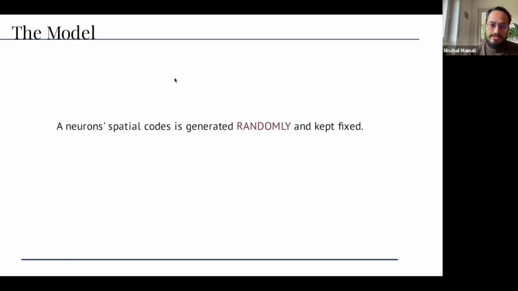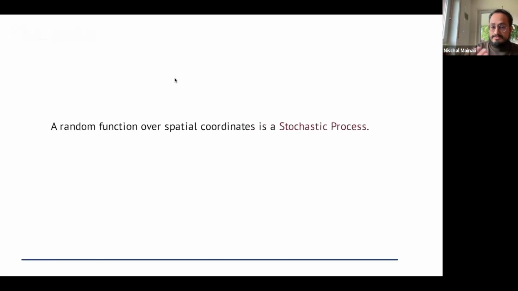So here we need to make randomly more precise. It's random over a continuous coordinate. So a random function over spatial coordinates, a continuous coordinate, is a stochastic process. And I want to take a second here to avoid a confusion, because stochastic process in theoretical neuroscience is generally used in the context of dynamics over time of neural networks, and that is not the context it's being used in here.